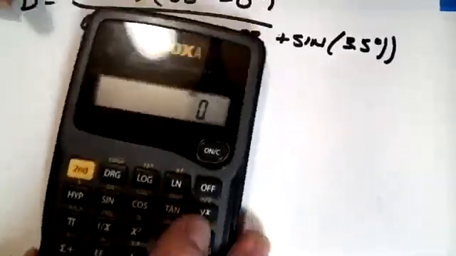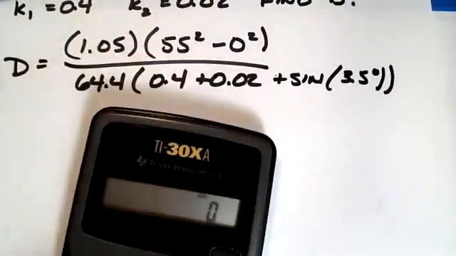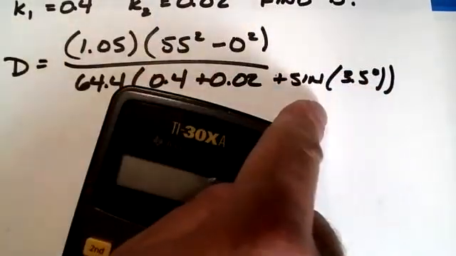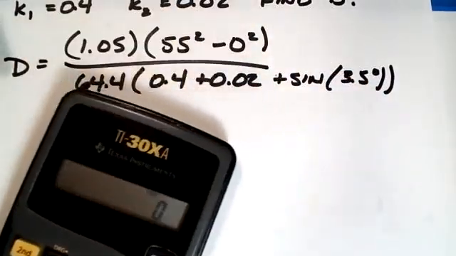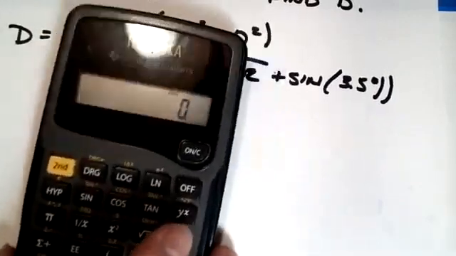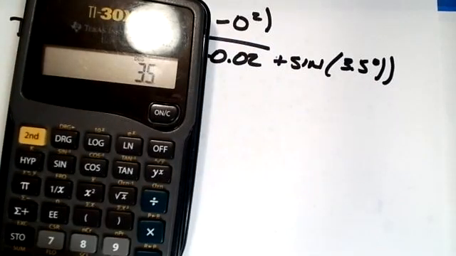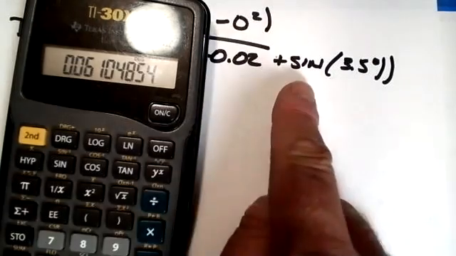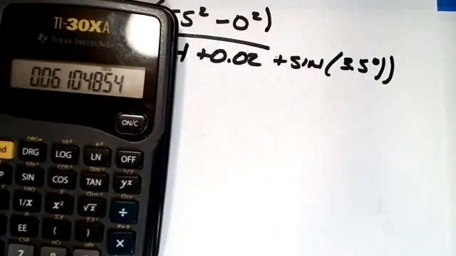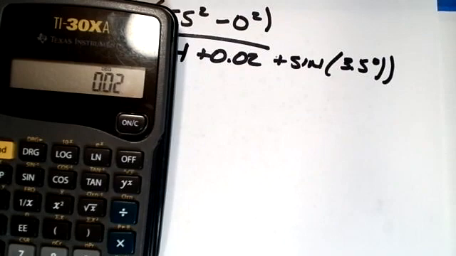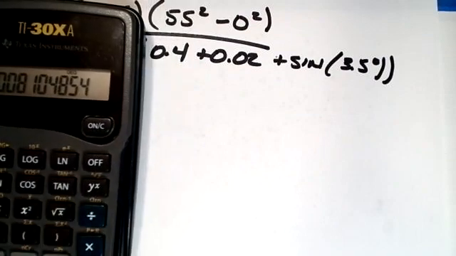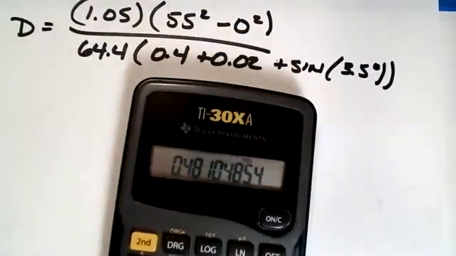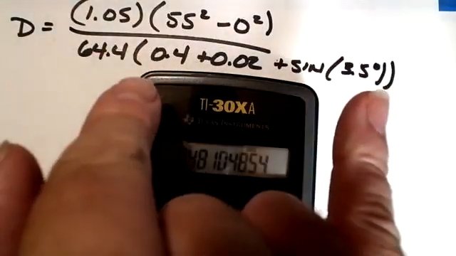Usually, if I'm doing this, I want to work on the numerator and start inside the parentheses, mash those things together, take the most complicated part, and then move forward. So I'm going to start with 3.5 degrees and take the sine of that. Then I'm going to add 0.02, add 0.4, and that's the total, so that parentheses is reduced.